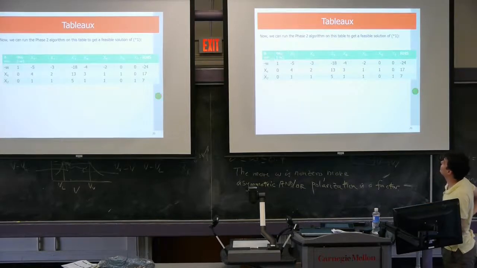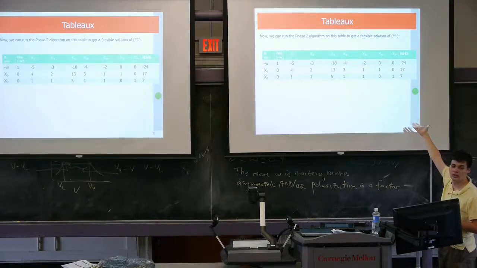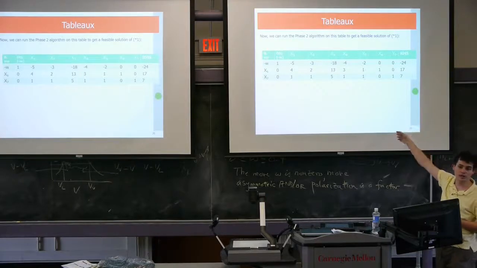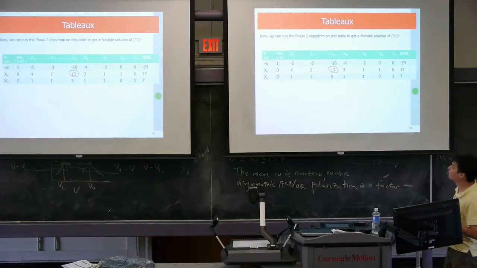Then you can run the phase 2 algorithm that we just discussed to minimize this. If the minimum of this is 0, then we got a feasible solution, and from that feasible solution you can run phase 2 again and solve the original problem. The details are here in the slides, so you can check the steps. You just need to do pivots.